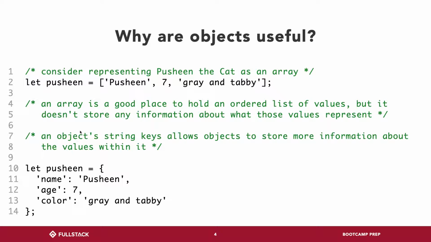Whereas this array doesn't really tell you anything about the actual information that is being held there. This is more descriptive. As you can imagine, when you are building applications and using real data and transferring data from one part of your application to another, it's a lot easier to write functions that can handle that data if you know what everything is, right? That makes sense.